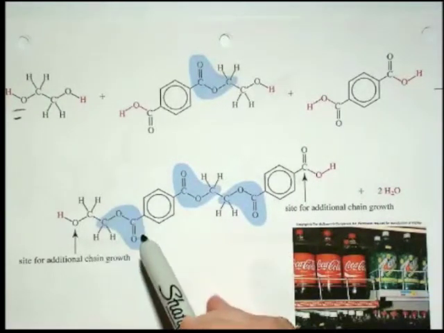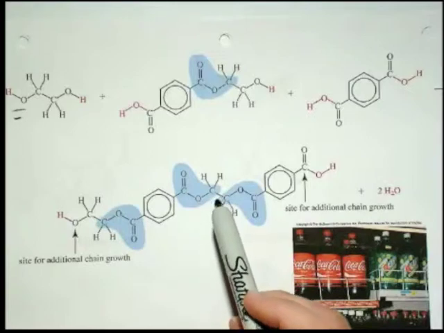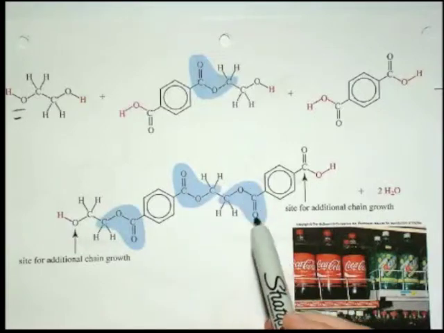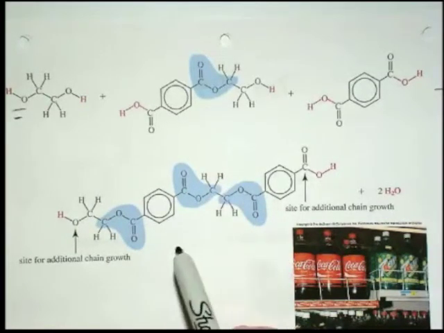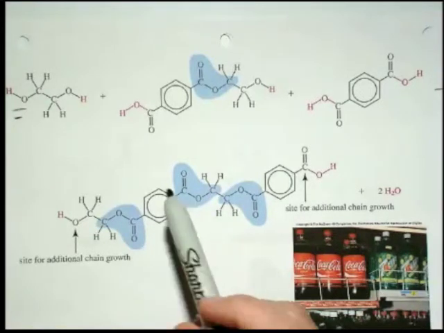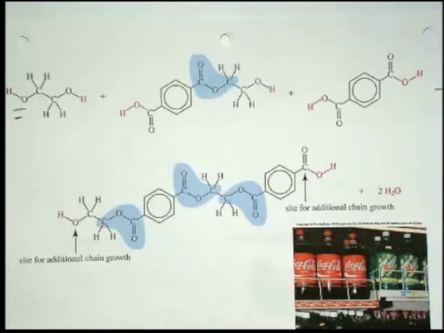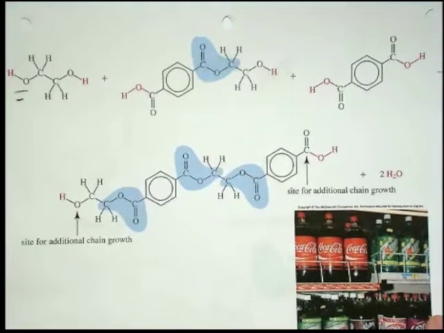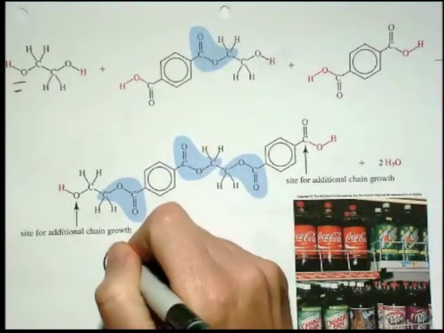So there's one ester linkage, the next ester linkage, the next ester linkage, so it's a polyester. The big polymer molecule is built by linking up the alcohol and carboxylic acid groups all along this molecule.